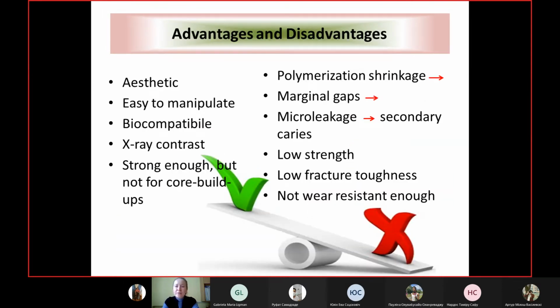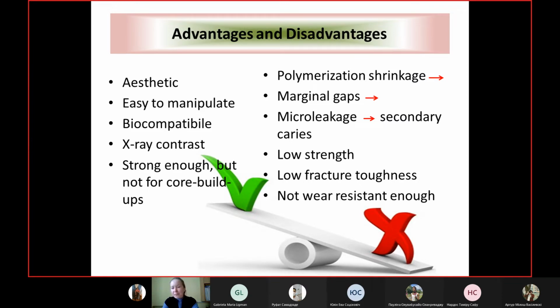Advantages and disadvantages of these materials. So resin composites are aesthetic, they are easy to manipulate, they are biocompatible, they are X-ray contrast, they are strong enough, but not for core build-ups. Disadvantages: polymerization shrinkage, marginal gaps as a result of it. As a result of marginal gaps, there is a microleakage in which microorganisms can flow, and as a result secondary caries development.